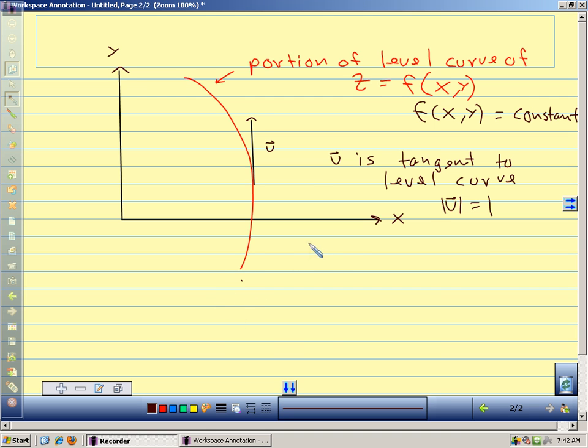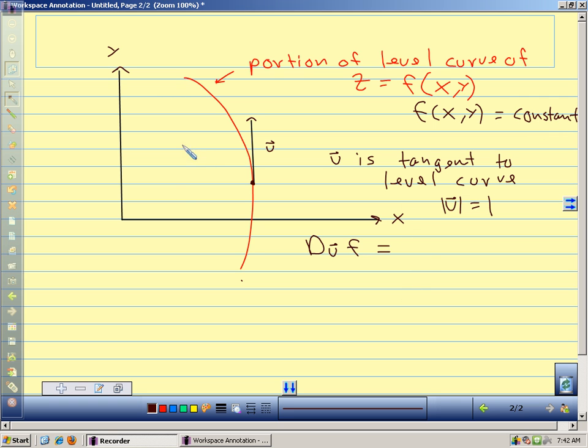If we want the directional derivative in the direction of u, what is our directional derivative going to be in this direction? What's our function? Constant. The derivative of a constant is 0.